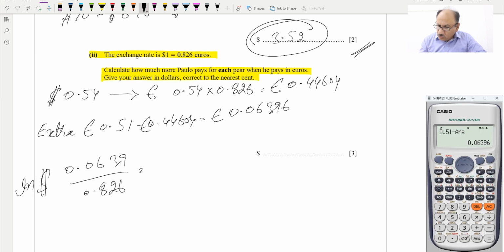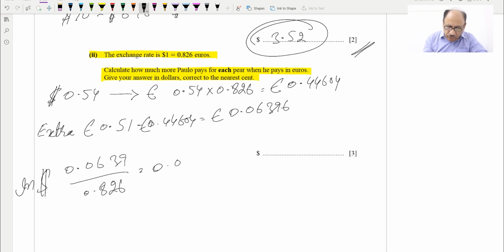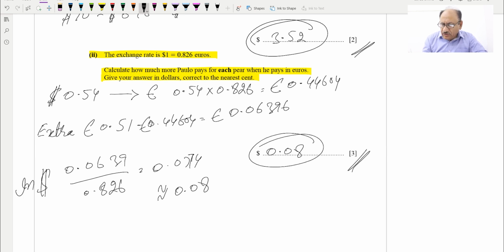So this amount divided by 0.826 means that this many dollars, 0.0774, or approximately we can write 0.08 dollars, he or she has to pay extra if paying in terms of euros.